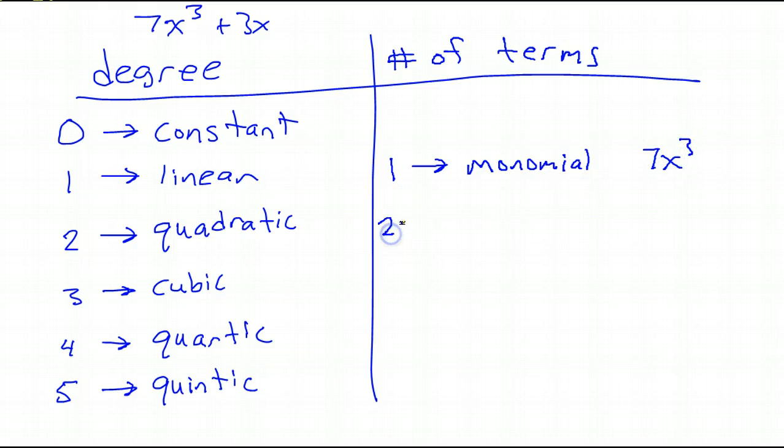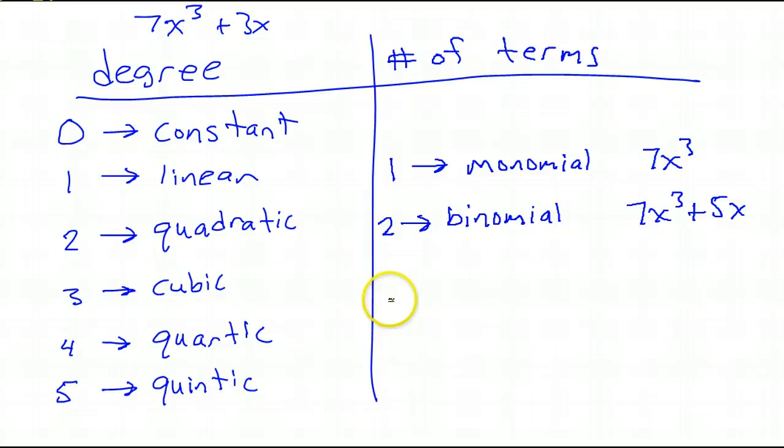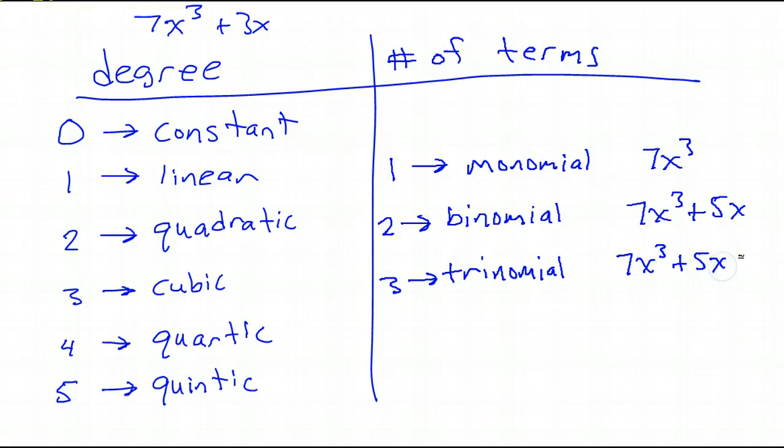If there are two terms, we call that a binomial. Okay, so if I had 7x to the third power plus 5x, that's a binomial. If I have three terms, that is called a trinomial. Okay, so if I have 7x to the third power plus 5x minus 2, that is a trinomial.